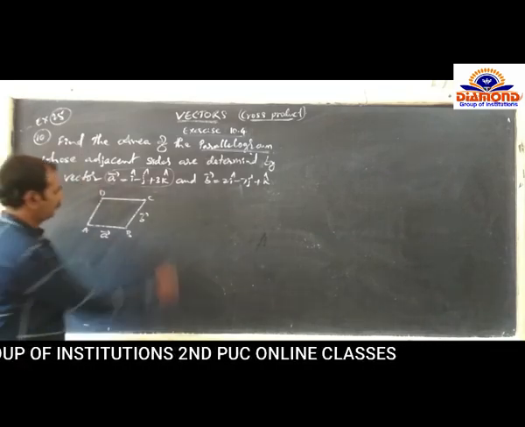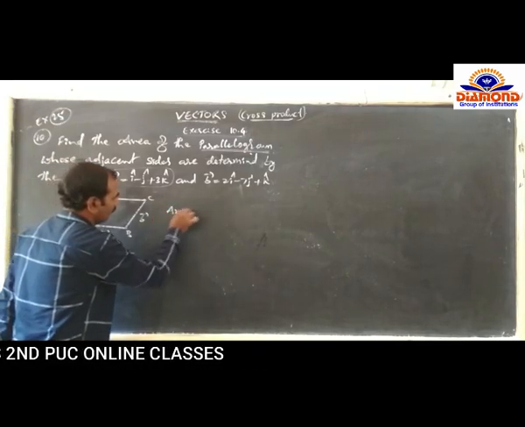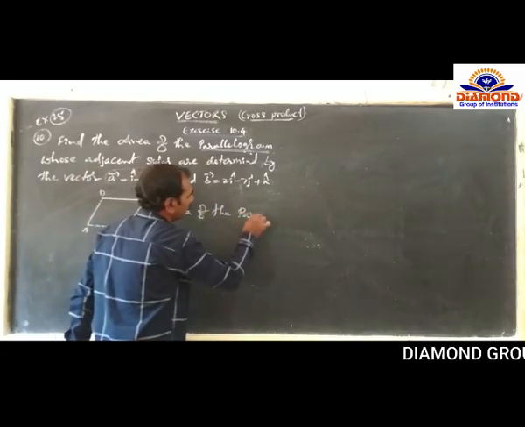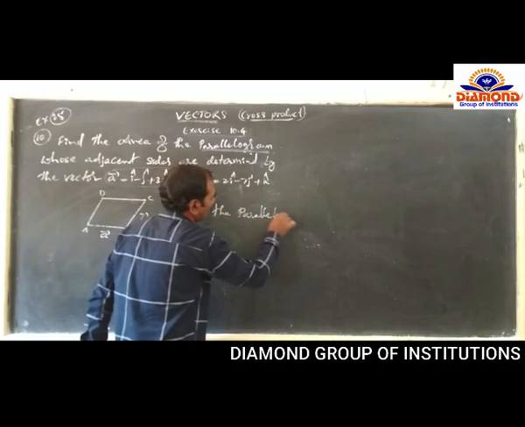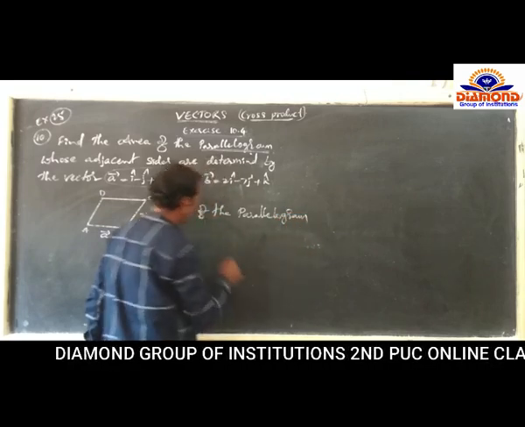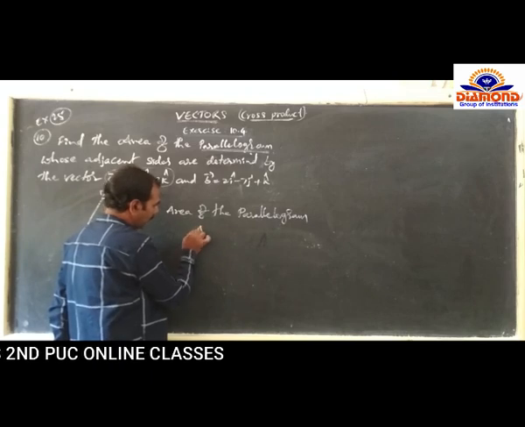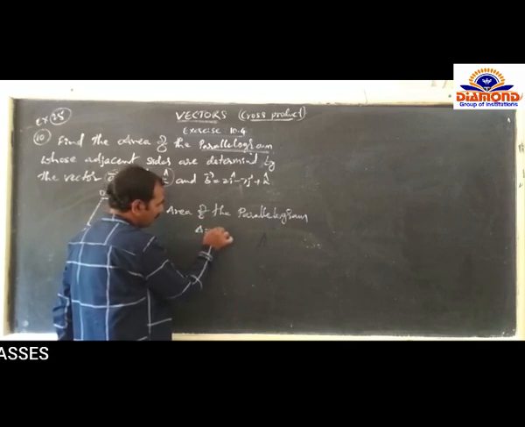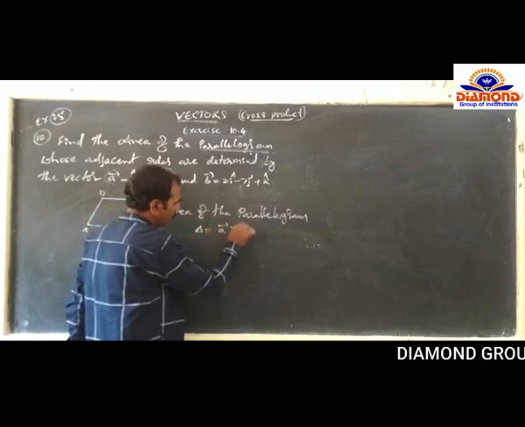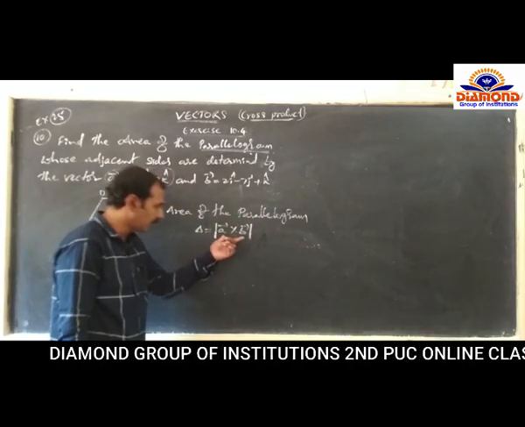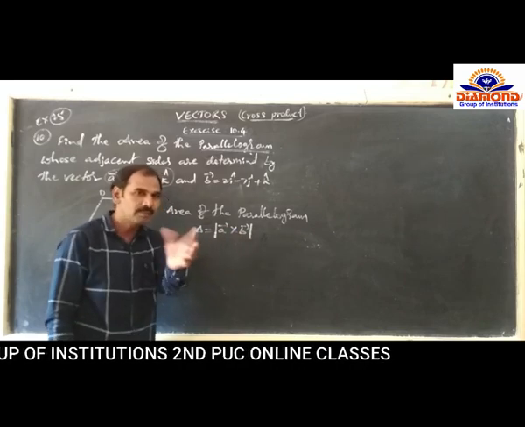The next, area of the parallelogram, delta equals A bar cross B bar magnitude.